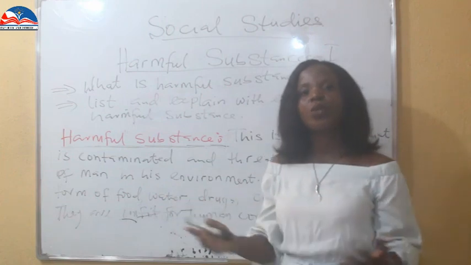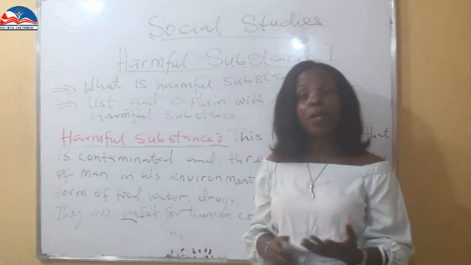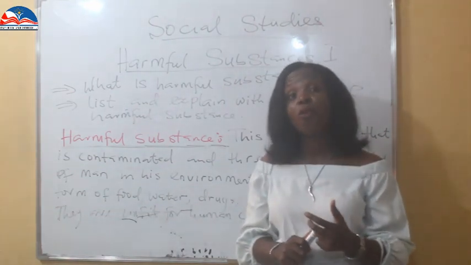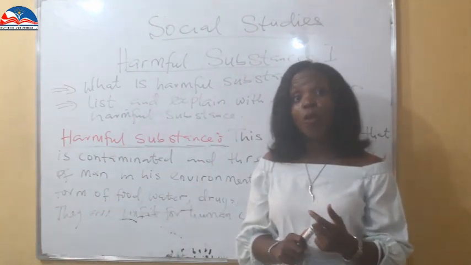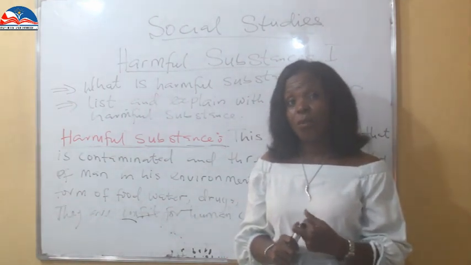Anything that is contaminated is unfit for human consumption, and this contamination can be in the form of water, fruits that we take, or drugs that we take. Expired drugs are contaminated substances.